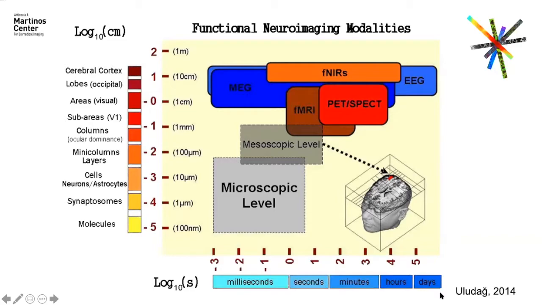On the temporal side, fMRI is a bit slower than, for example, MEG, EEG, or neurophysiological methods. In fMRI, we are talking about on the order of seconds. But that's usually adequate for most of the tasks.